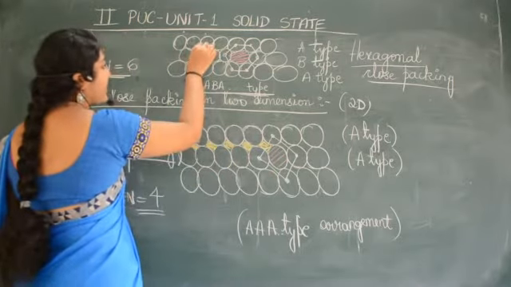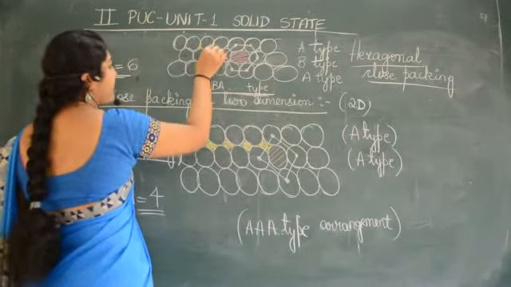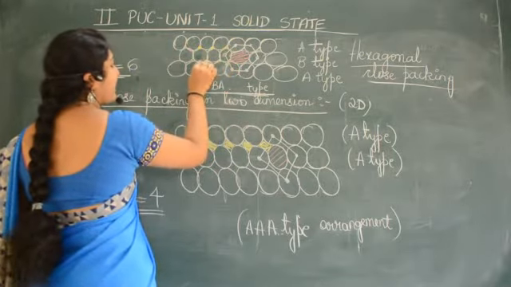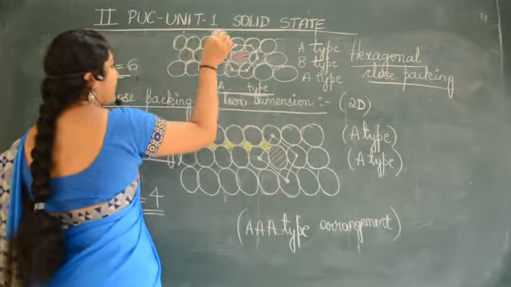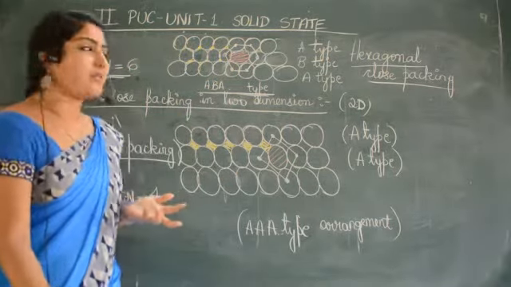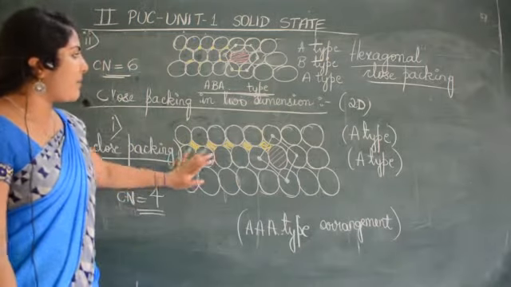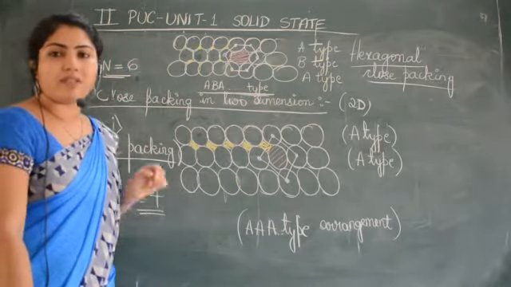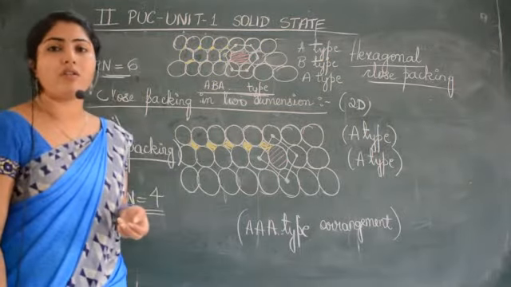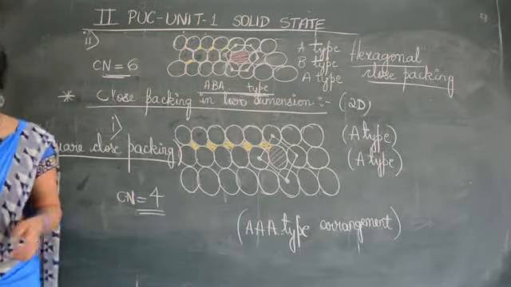Whereas in this case you see very few empty spaces. Isn't it? Very few empty spaces. So you can see which one is a better close packing. I'm just comparing these two and speaking now. This is about 2-dimensional close packing. The next one we will be studying is 3-dimensional close packing.